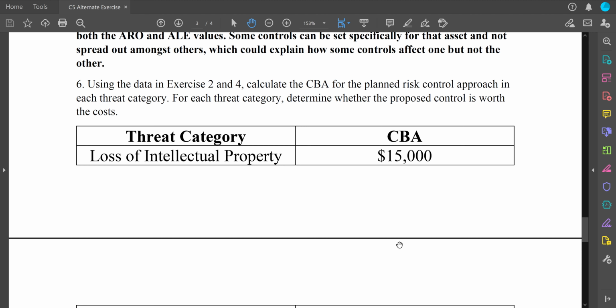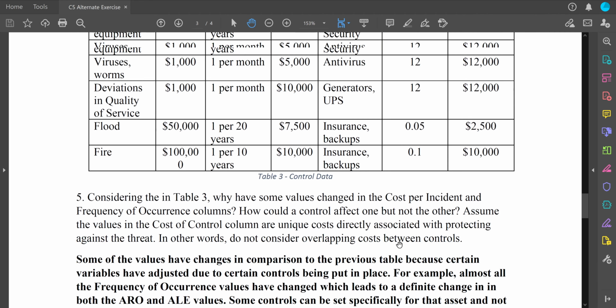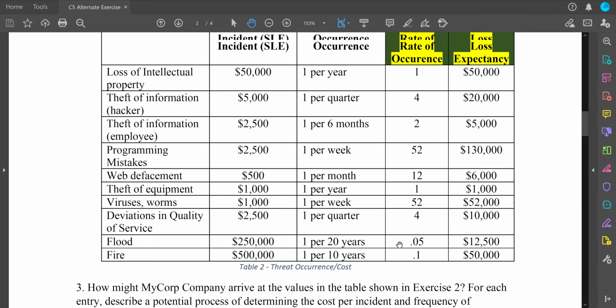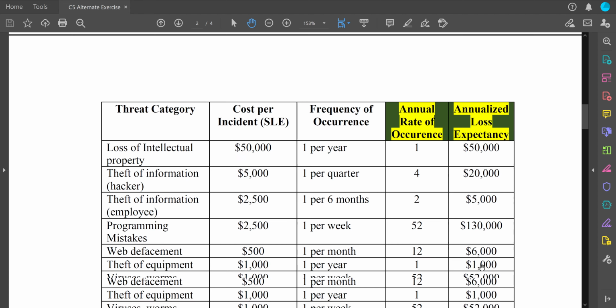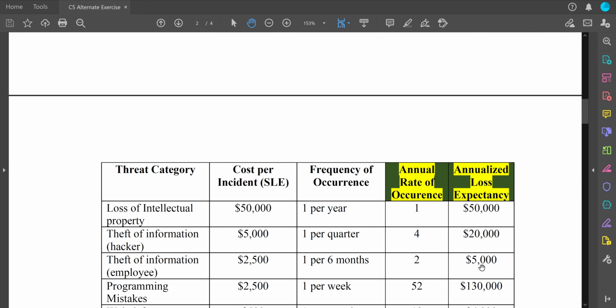Now, the formula for finding the cost benefit analysis is taking the ALE prior to the assessment. So the ALE prior to the assessment would be the values that we have in the first table after finding the ALE in the first table in question 2, right?